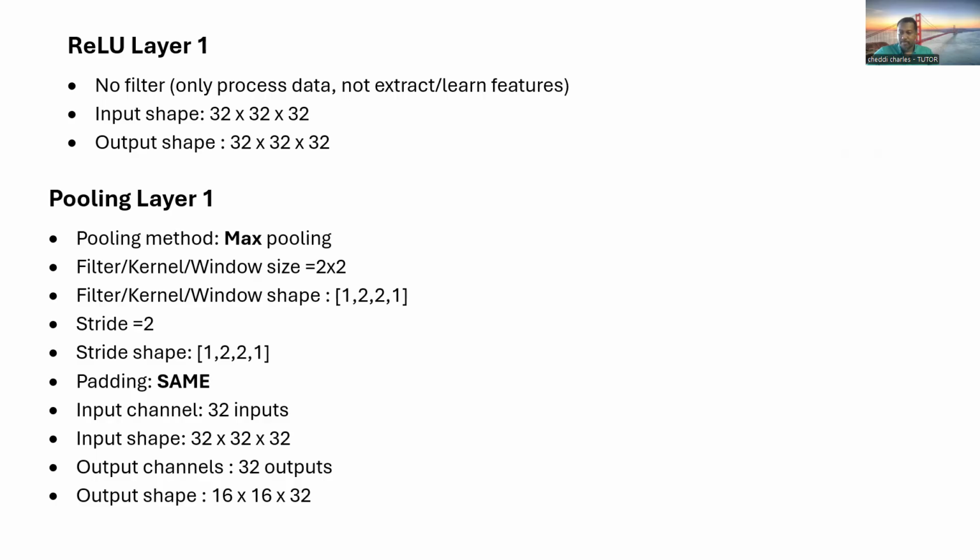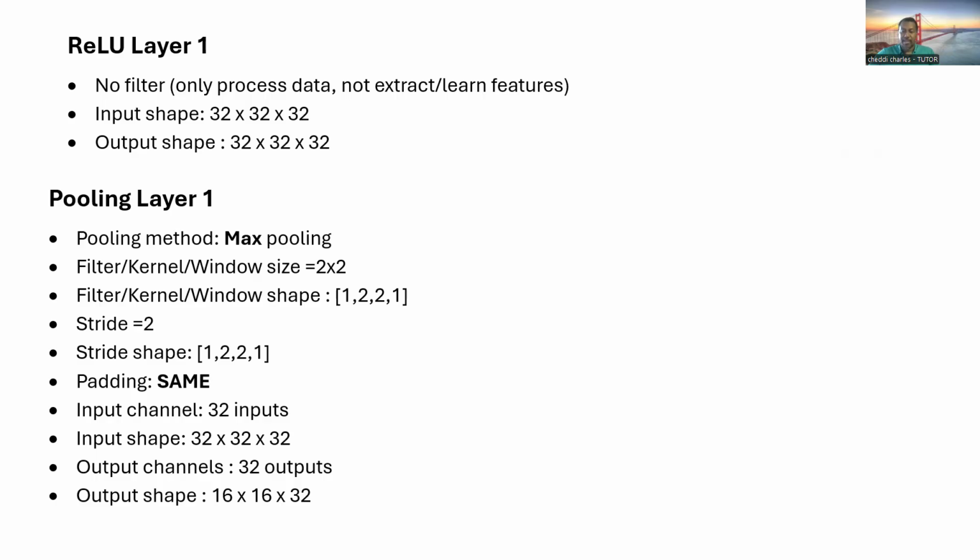The padding is the same. So remember there were 32 input channels. And now if you look at the last point there, notice the output becomes 16 by 16. Why? Because of the 2 by 2. A little filter goes across and takes the maximum value in each 2 by 2 window, so it reduces the dimension.